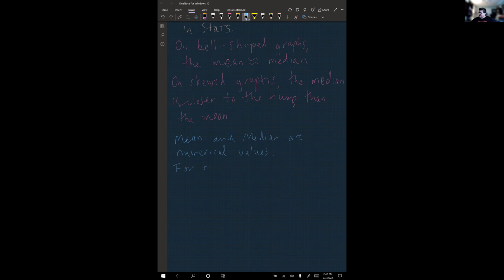For categorical data, or qualitative data, back to that word again, qualitative data, there is no number to average or way of finding a median or mean.